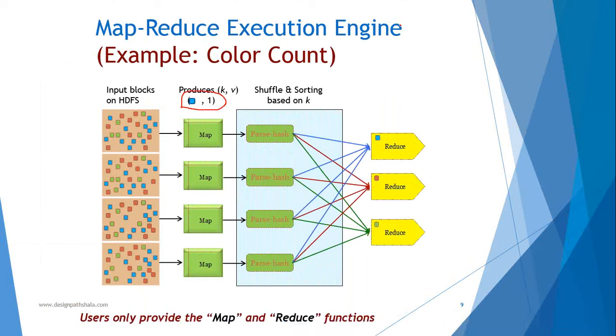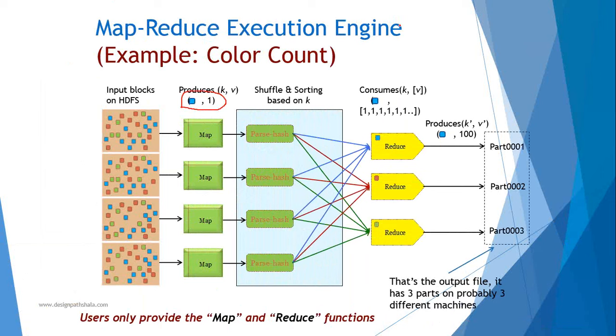Now the reducer has all the keys for a similar color. They will just count the values and emit them. So a reducer gets keys and all the values, counts them, and produces the keys and values: blue comma 100, brown comma so and so, and green comma so and so.